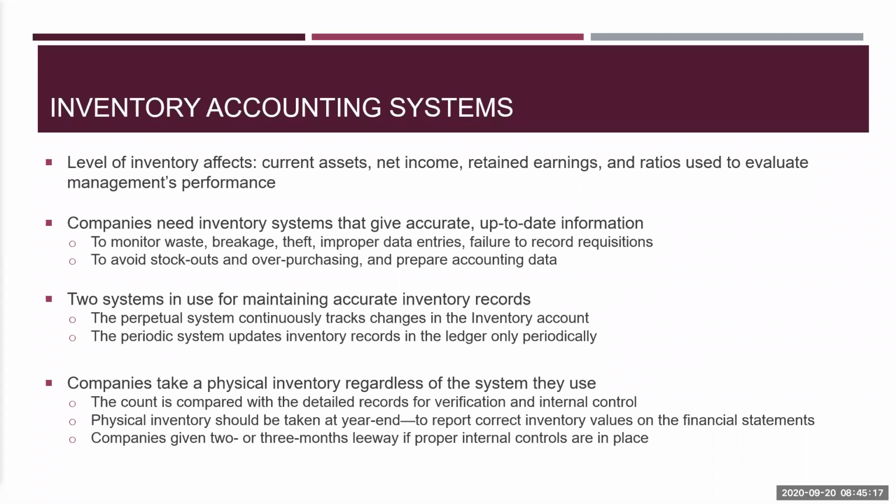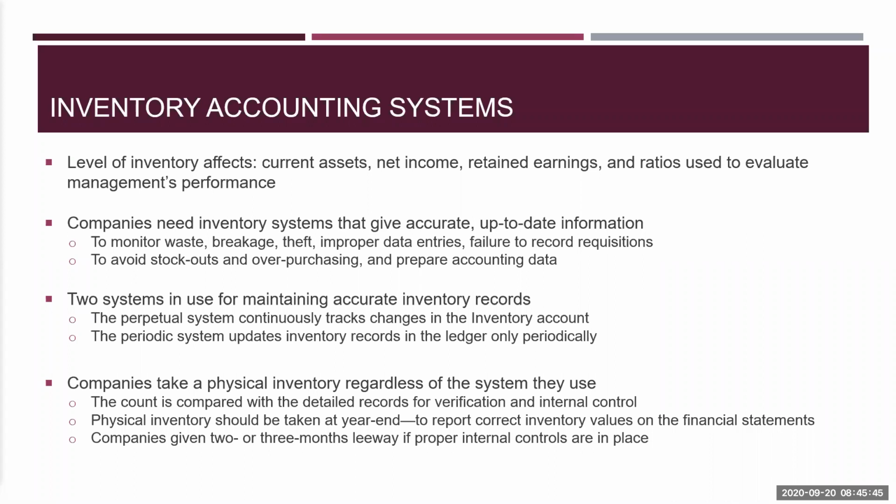But when these inventory items are sold, at that time, you would debit your cost of goods sold account and you credit your inventory account. So cost of goods sold goes into your income statement and the inventory account goes as a current asset onto your balance sheet.